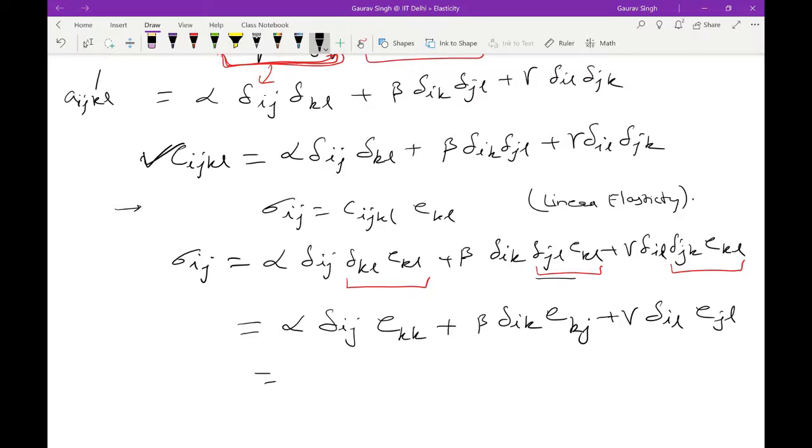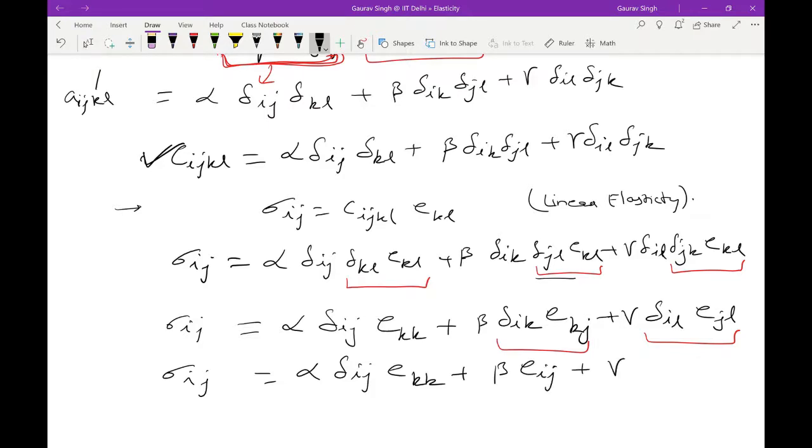Okay, now again look at this and this. So sigma ij will remain alpha delta ij ekk just because there is no repeated term over here. Okay, so for this, the non-zero terms, K will have to be equal to I, so it will be ij. For this non-zero term, L will have to be equal to I, so that would be ji.